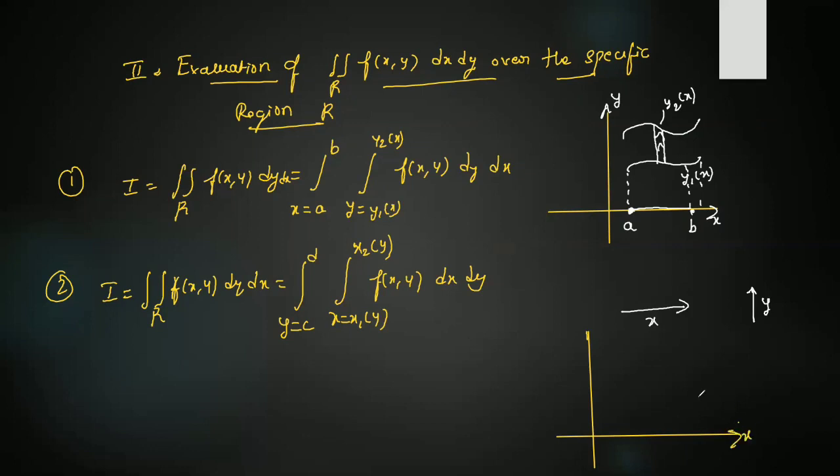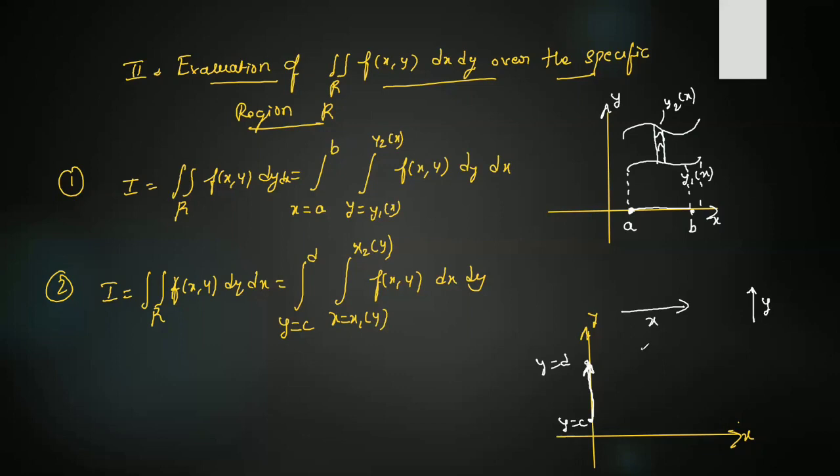Now check the x-axis and y-axis. I'm taking two points, meaning y is equal to c to y is equal to d. First I'm taking y as an independent variable. It varies from c to d in the vertical direction.